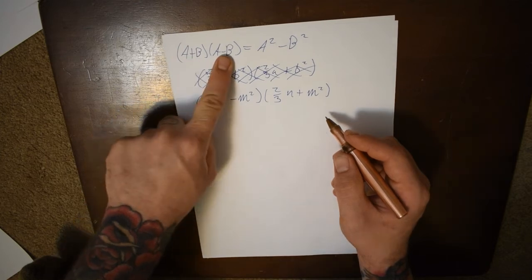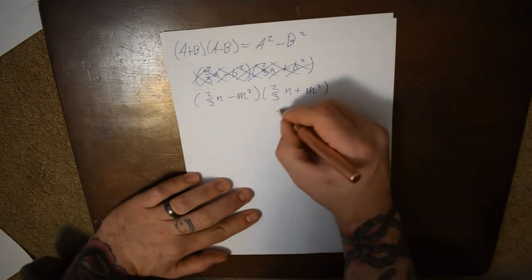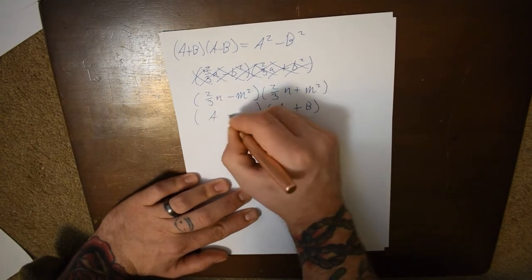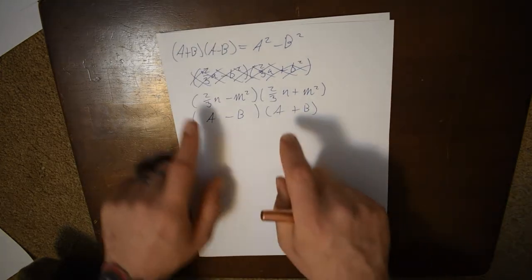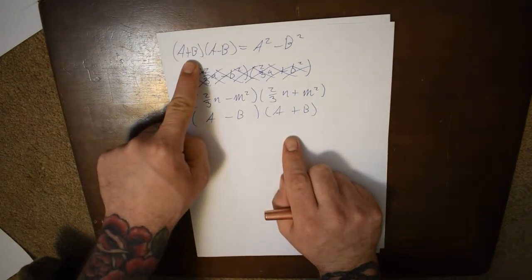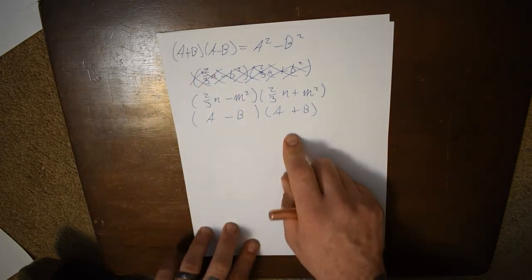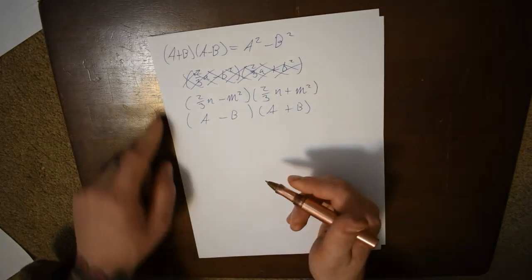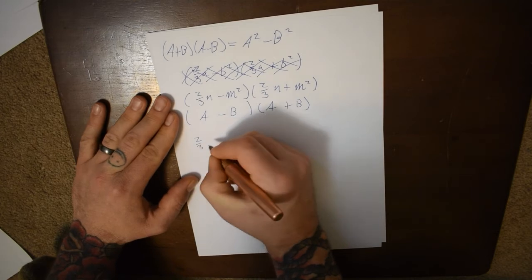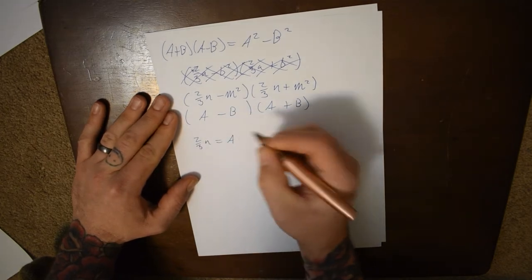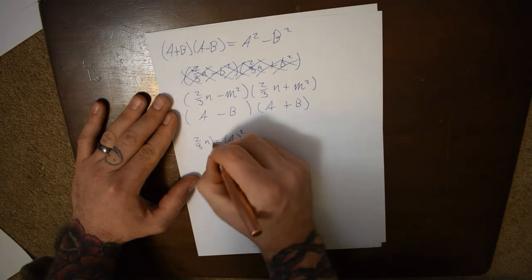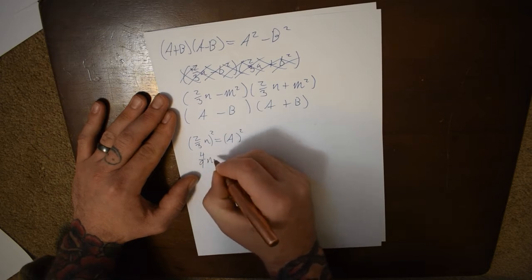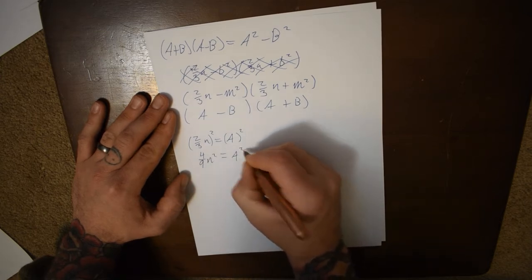So we have an a plus b and an a minus b. Remember, you can multiply in any order you want to, so it doesn't matter if the plus comes first or second. And we see that in order to solve this problem, we need to figure out what a squared is and b squared is. Well, this 2/3 of an n is acting like an a, so if we go through and square both sides, we get 4/9 of an n squared is equal to a squared.